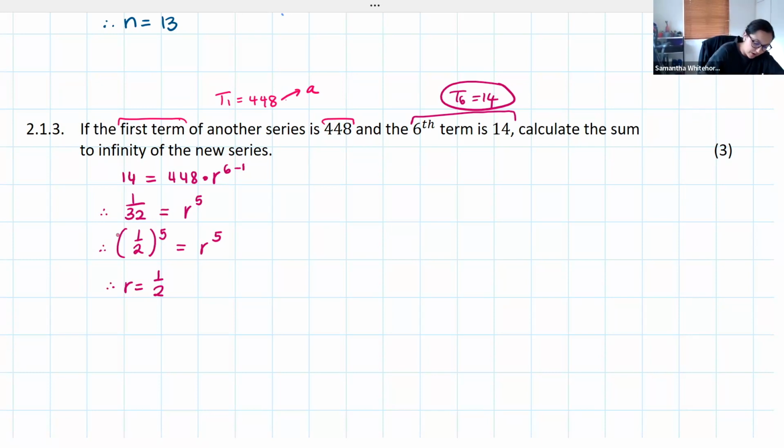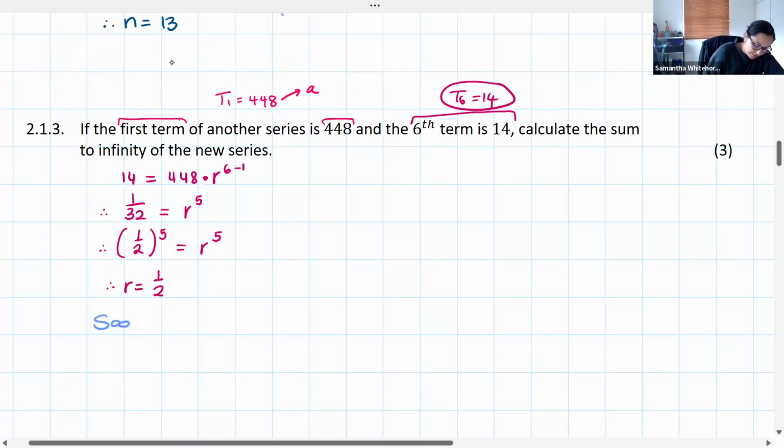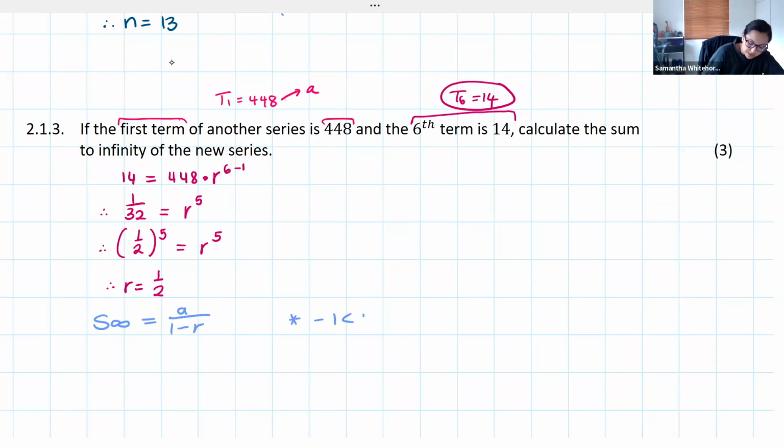So now that we've got our R value, the question asks us to find the sum to infinity, which is A over 1 minus R. And remember, of course, R should be in our range of 1 to negative 1, which it is. So I'm happy. I substitute in A, 448 over 1 minus a half.